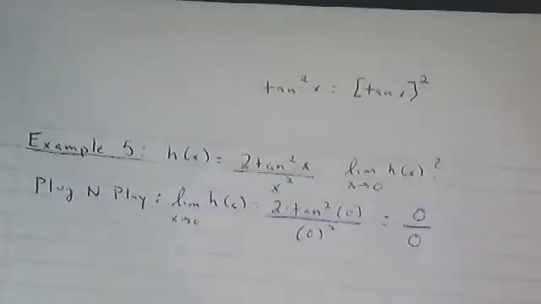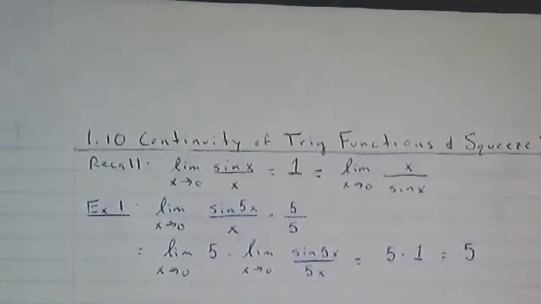I don't see where we're going to be able to pull this one out of the bag, because I got tangent, and you're telling me I need sine. What did we say the tangent was? Sine over cosine. So let's throw that out and just see what happens.